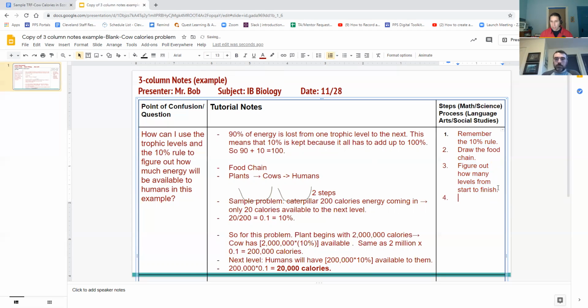And then, let's see, what do we do for each level? Multiply the starting number by 0.1 to get the next level. And then stop when you get to the last level.